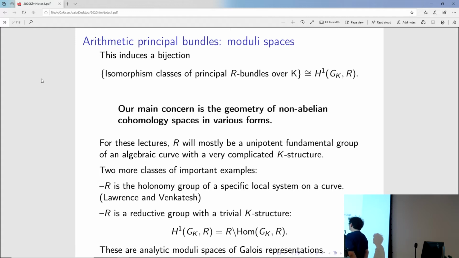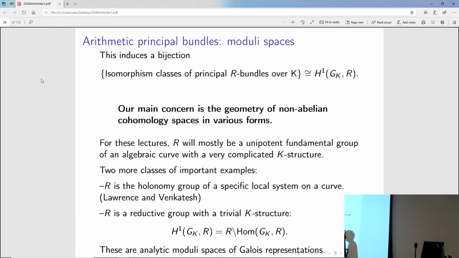But two more classes of examples are, for example, in the new proof of the Mordell conjecture given by Lawrence and Venkatesh. One way of describing what they're doing is they're studying this nonabelian cohomology space where R is the monodromy group of a specific local system on a curve. So that's an example where you might want to study these kind of families.